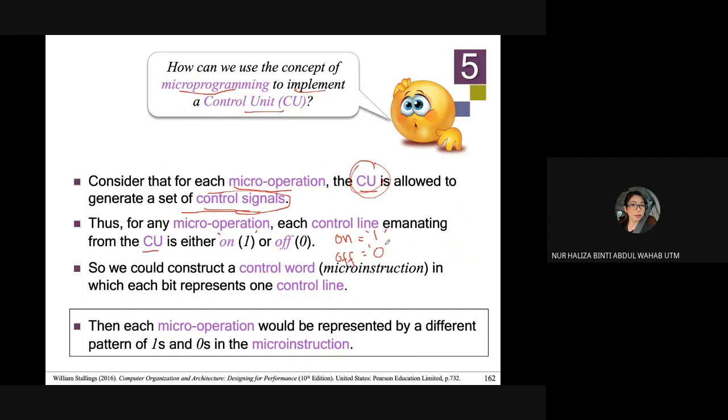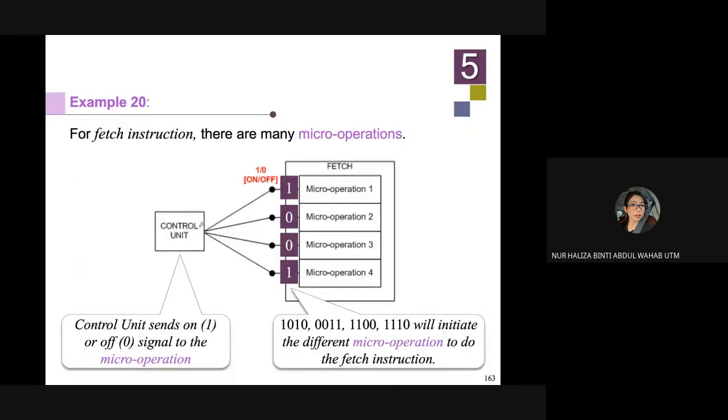In digital logic, you already learned 1 is normally high or on, 0 is low or off. So where do you want to implement it? This is the example. You have your control unit. Your control unit will send 1, 0 signals to your micro operation. So this is your micro operation, right? Your microprogram.